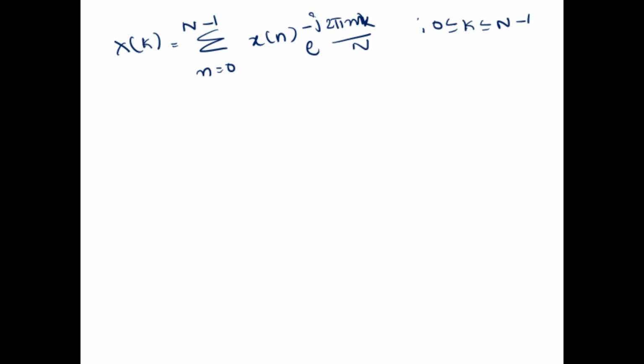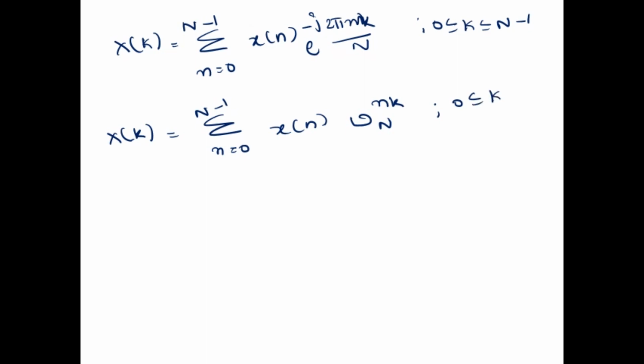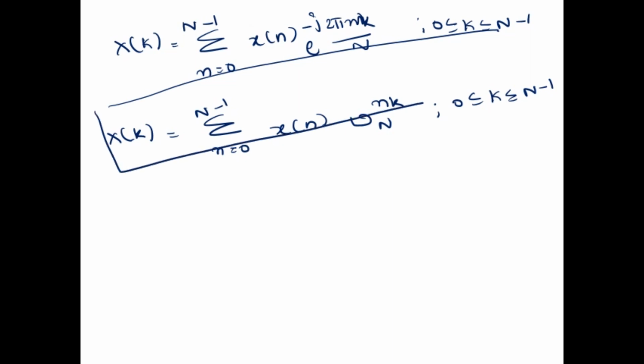Or using that notation I can write X of k is equal to summation n is equal to 0 to N minus 1 x of n, replacing this term by W N of nk, where k varies between 0 to N minus 1. This is the one equation, and consider the synthesis equation.